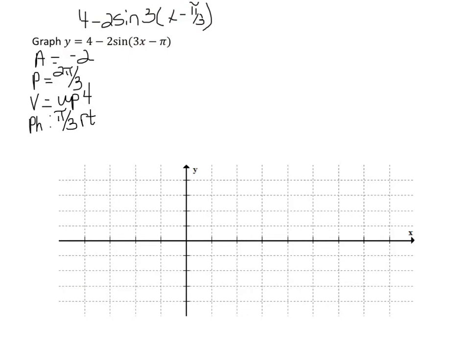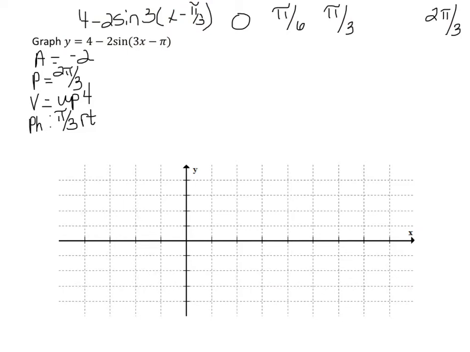So now I will start to list out my values. We go from 0 to 2 pi over 3. If I cut that in half, I get pi over 3. If I cut that in half, I get pi over 6. So I might right here say, oh, let me redo these numbers. If I have 1 pi over 6, this will be 2 pi over 6, 3 pi over 6, 4 pi over 6.